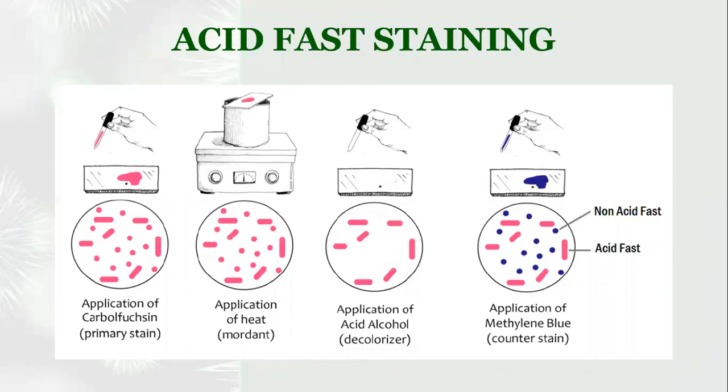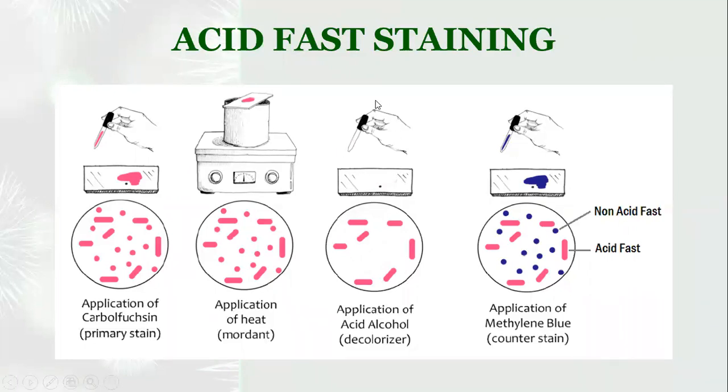In the earlier gram staining, we used iodine as a mordant for enhancing the penetration of dye. But here, as the mycobacterium cell wall is a thick layer, it needs a harsh treatment. That is why the smear is heated to enhance the penetration of dye into the cell wall.